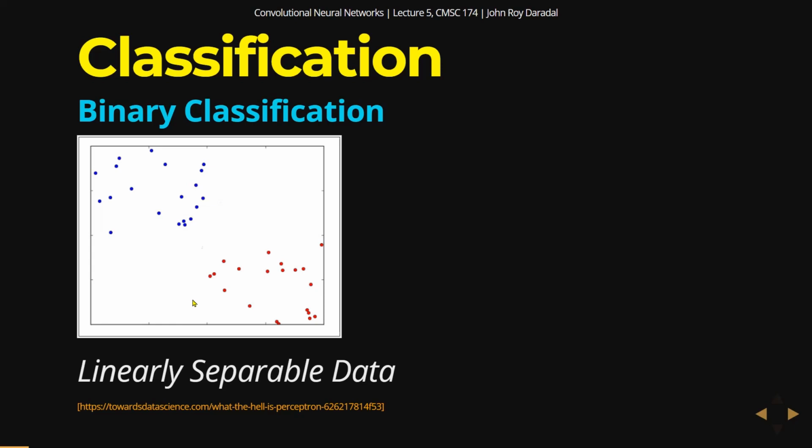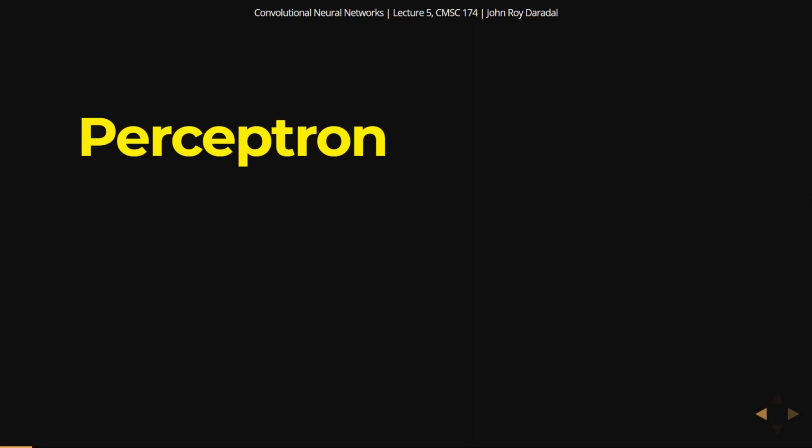And the other thing is, it's also linearly separable. So we can draw a line to separate the two classes, okay? So we'll start with this very basic problem, and then we'll expand into the multi-class classification and non-linearly separable data later on.